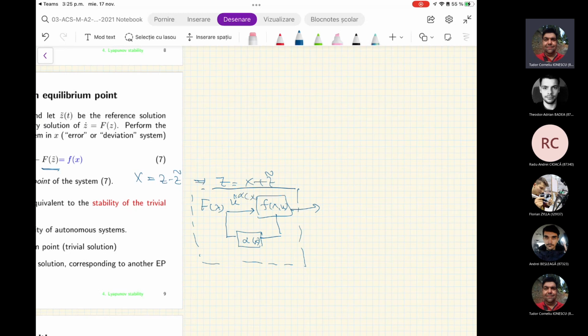So it makes sense to discuss the stability of autonomous systems from a control perspective.